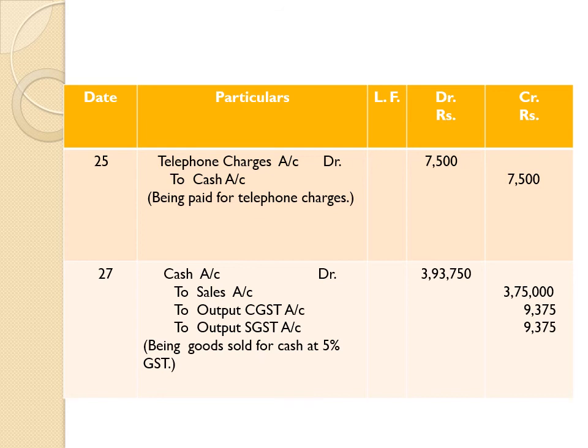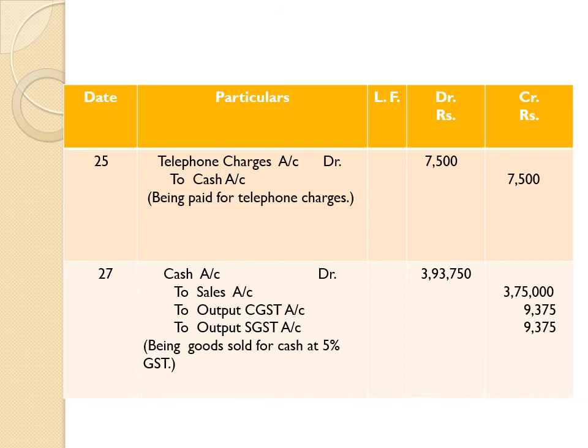It is necessary to remember that the rate of tax is to be divided into two parts. If the rate of GST is 5%, it is divided as 2.5% and 2.5%, 2.5% for central government and 2.5% for state government. If the GST rate is 18%, it is divided into two parts, 9% for central government, 9% for state government.